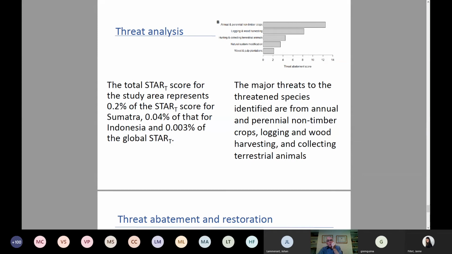And what you can do with the threat analysis is you can show what proportion of the total opportunity for species extinction risk reduction is in Sumatra, for Indonesia, and for the global target that we might want to identify during the post-2020 biodiversity strategy, which will be finalized at the CBD COP next year. Next slide.